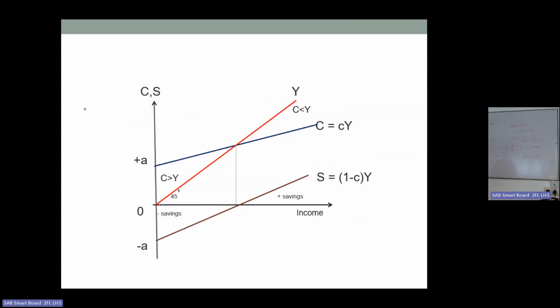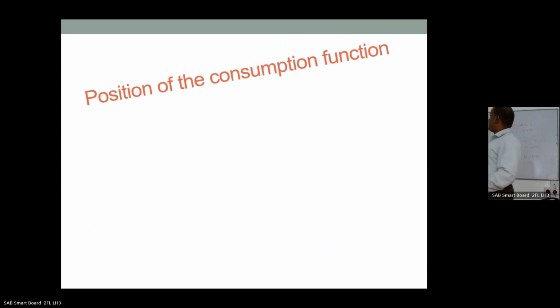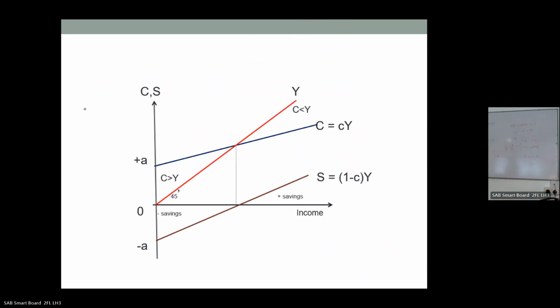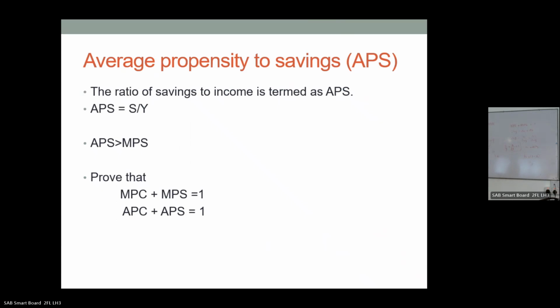So you can see how this equals 1 using the equations. At question time, you can just analyze these behaviors: MPC plus MPS equals 1. It's in the equations.